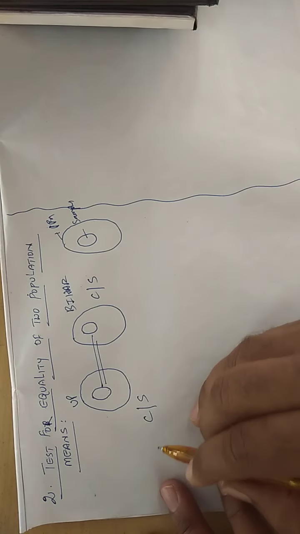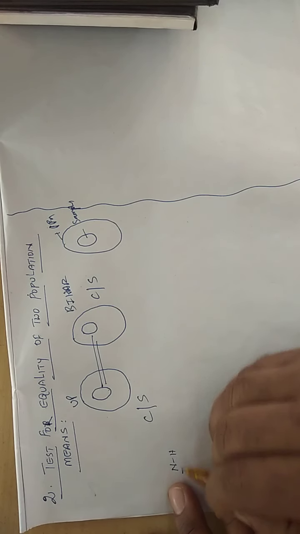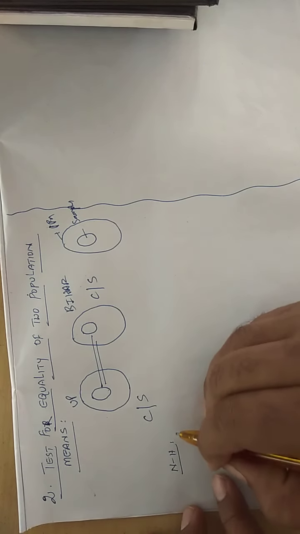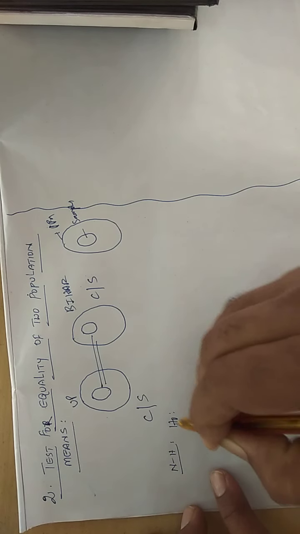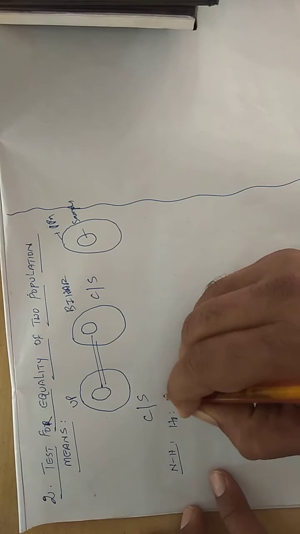As usual, the first thing you need to write is the null hypothesis. What is the null hypothesis? H naught: the first population mean, let us suppose that mean is mu1, is equal to the second population mean, mu2.